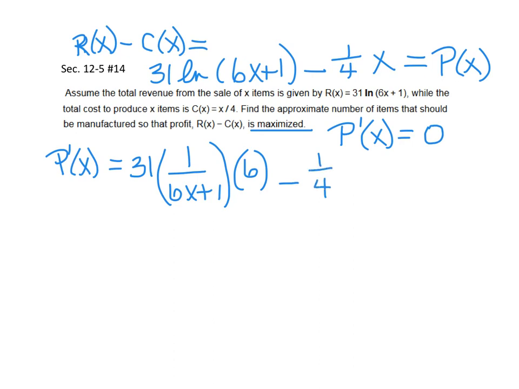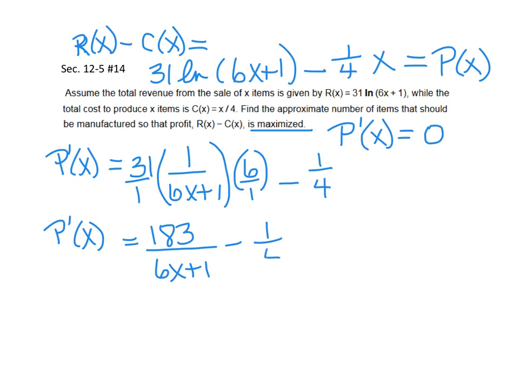The x disappears. So P prime of x, to clean it up a little bit, we have 31 times 1 times 6. 6 times 31 is 183 over 6x plus 1 minus 1/4.